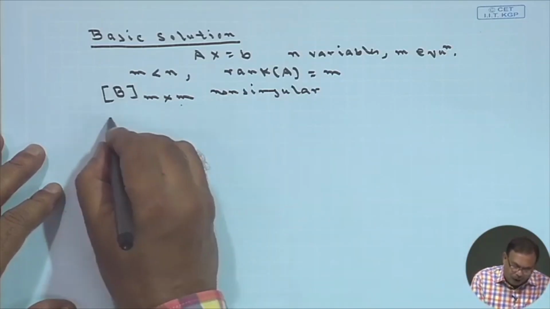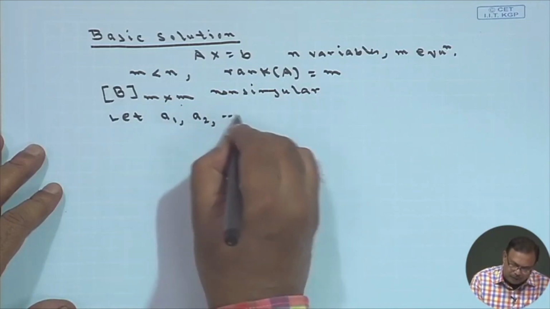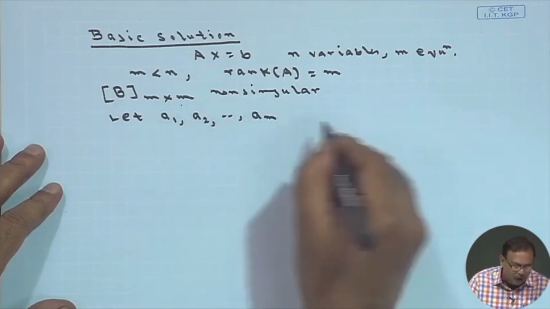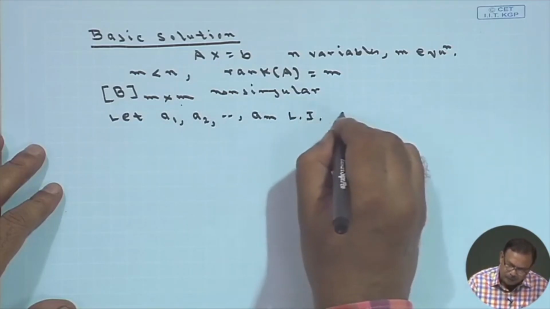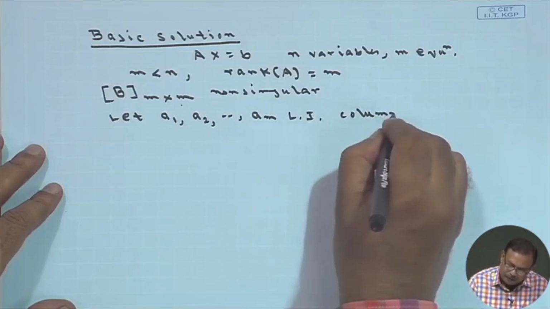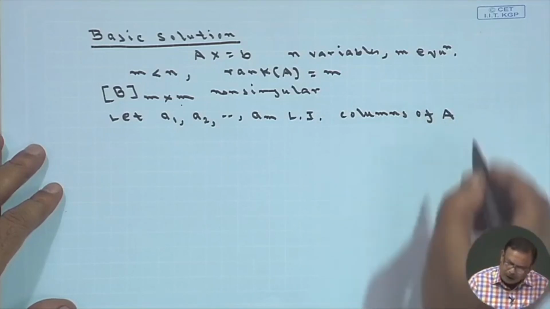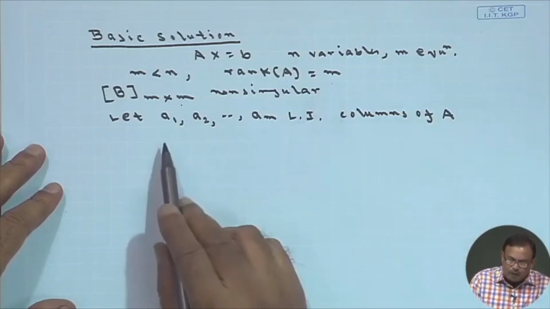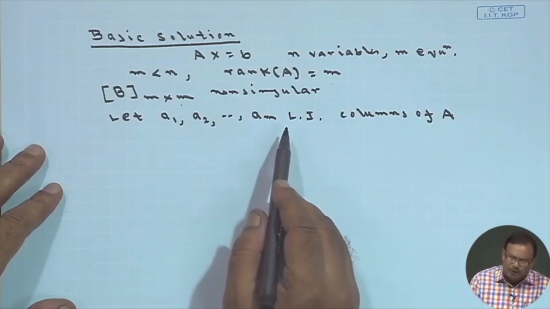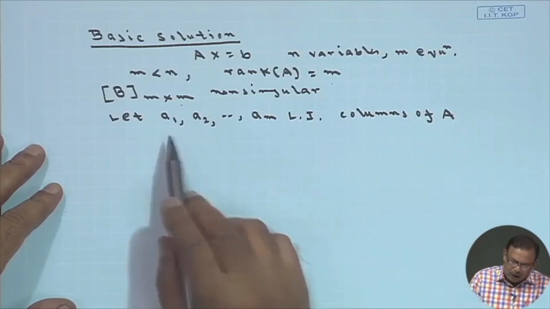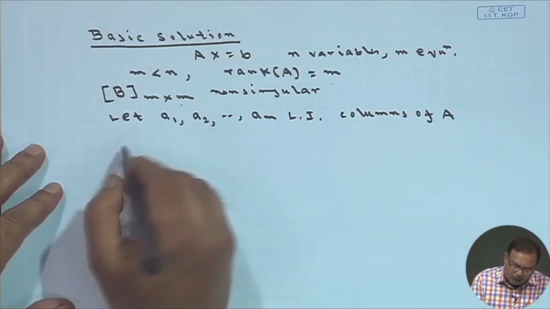So let A1, A2, ..., Am be the linearly independent columns. Since the rank is m, I must get m linearly independent columns of A. So A1, A2, ..., Am are linearly independent columns.